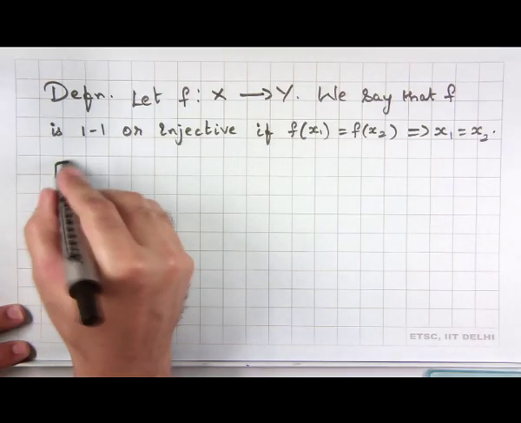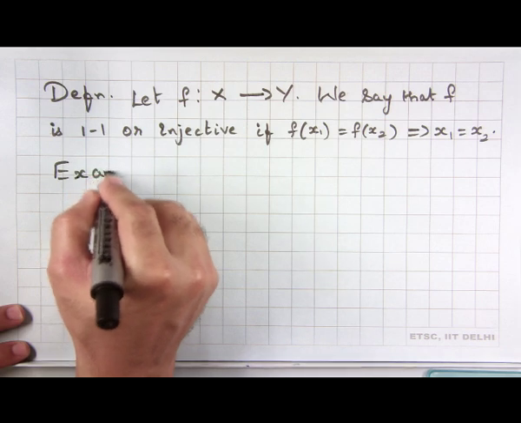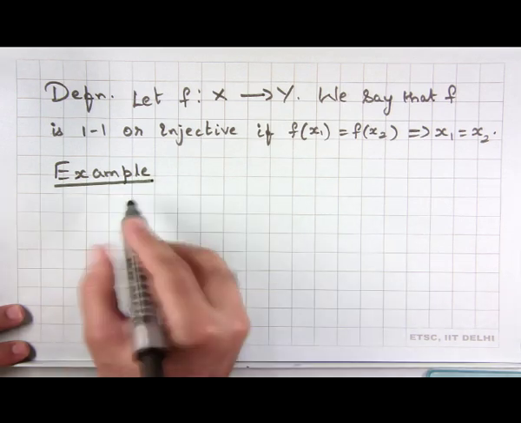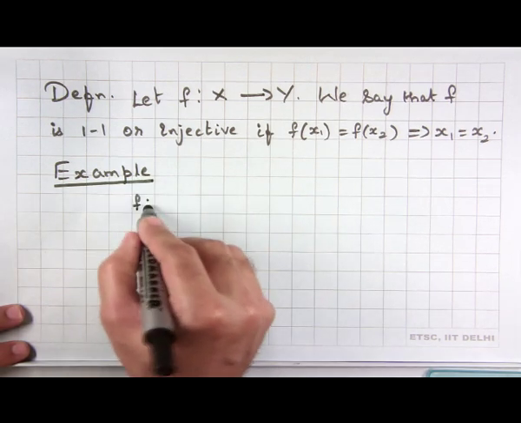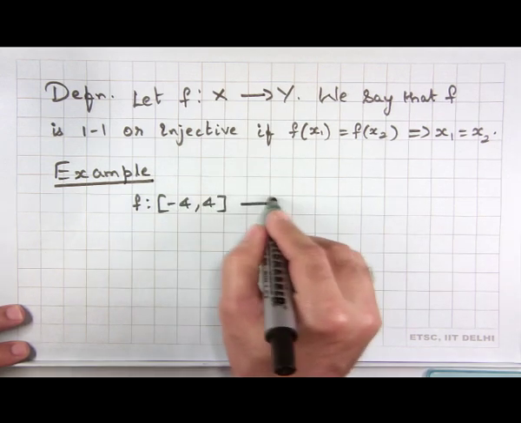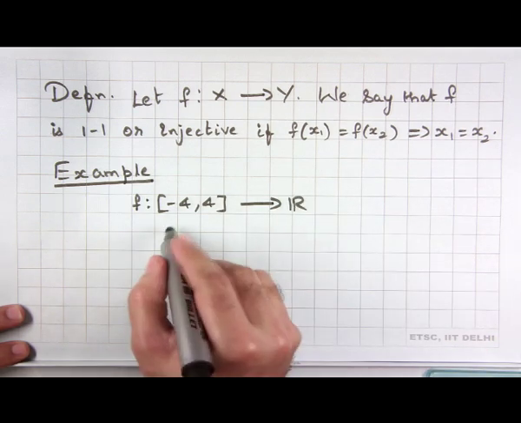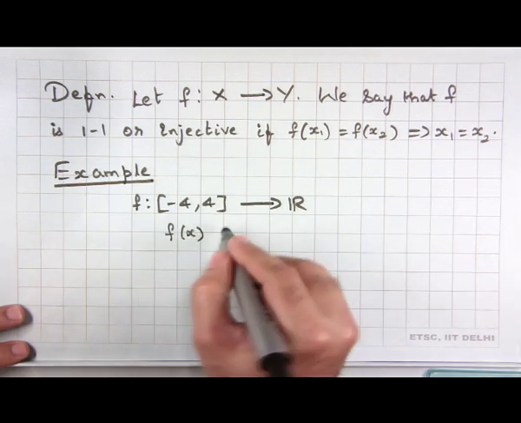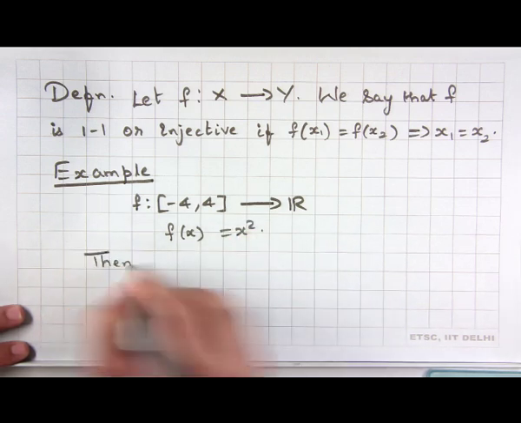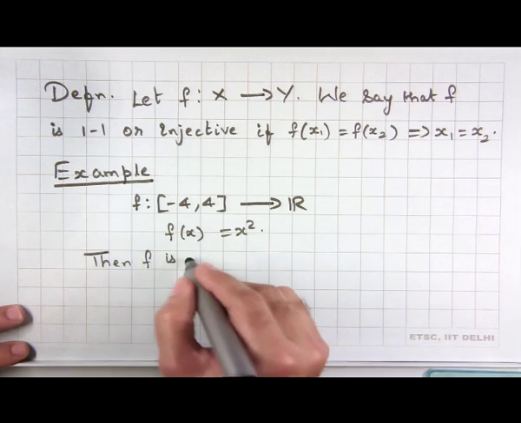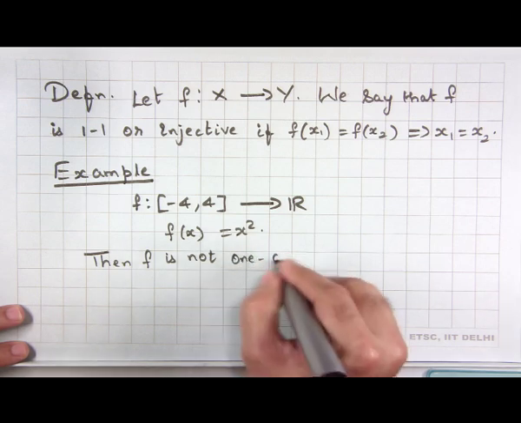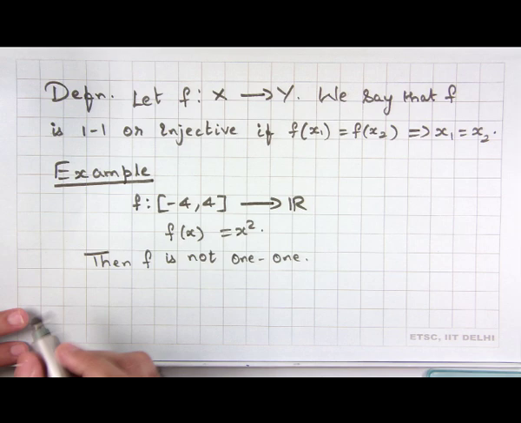Let us do an example. If we look at the previous example, f(x) equal to x square, then f is not 1-1, that is what we observed. It is not 1 to 1.